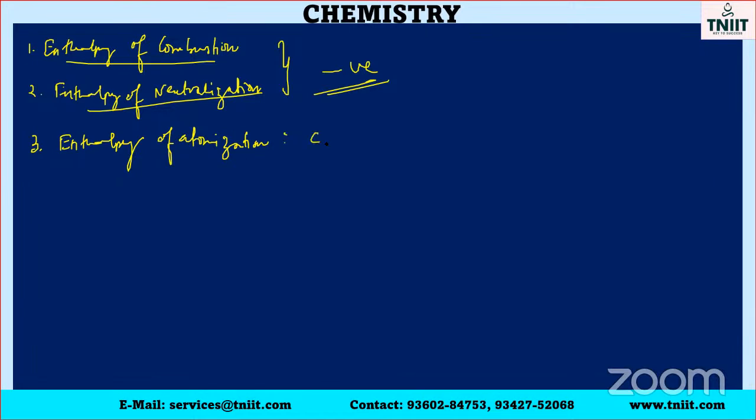So for example, if you take methane, methane has 4 bonds like this. So for 1 mole of methane, the energy required to break all the bonds so that we get the elements in their atomic state and in gaseous state is called enthalpy of atomization.